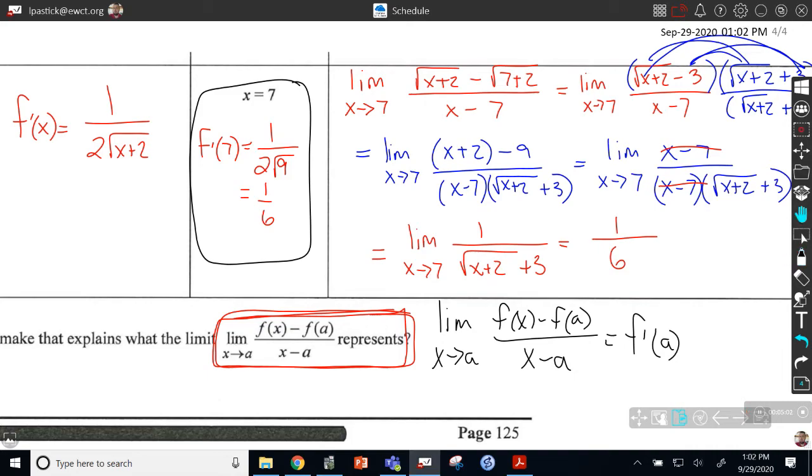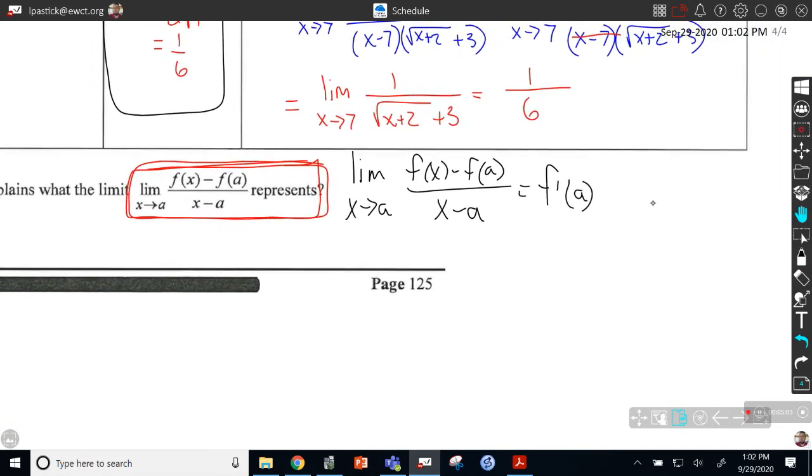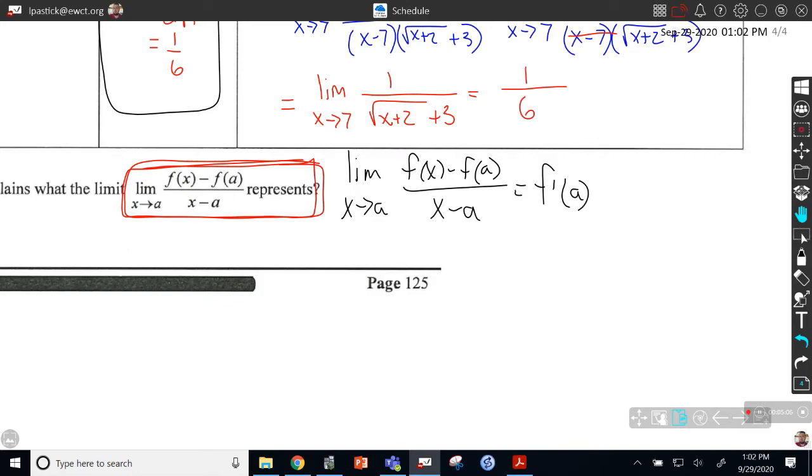So what does this all mean? We know now that the limit as h approaches 0 of f of x plus h minus f of x over h is equal to the derivative of the function. We hopefully are figuring out that the derivative of the function is going to essentially give us the opportunity to find the slope of the tangent line at any given point for the entire original function. So what is f prime of a?